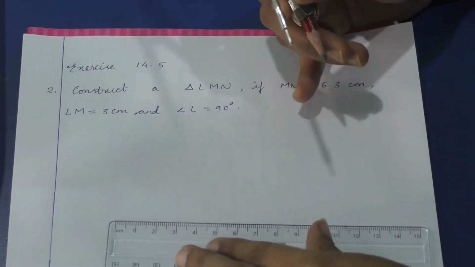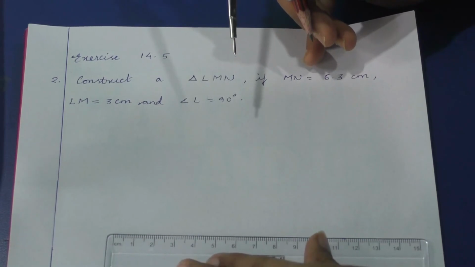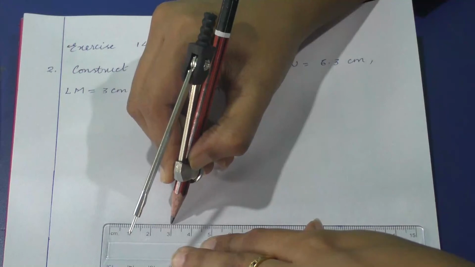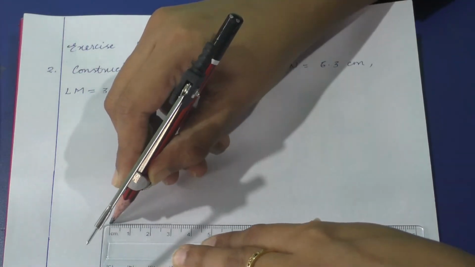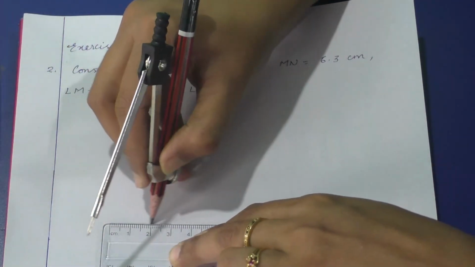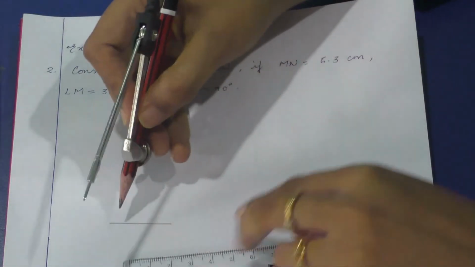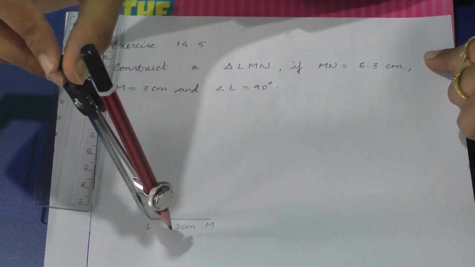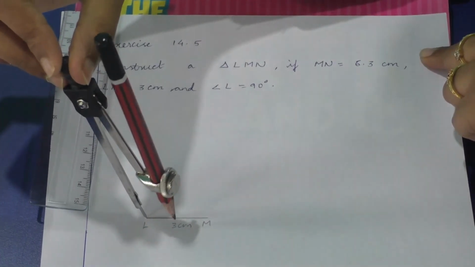So with the scale, let's draw LM as 3 centimeter. So we can get the 90-degree angle here. Now let's draw angle L equal to 90-degree.